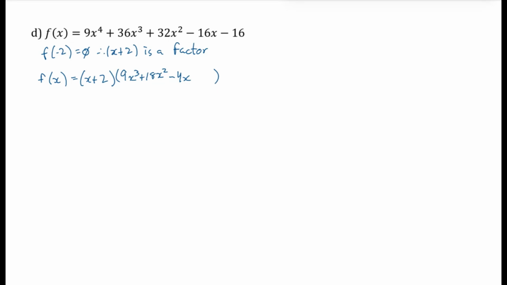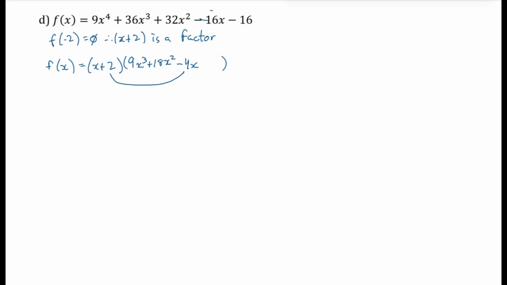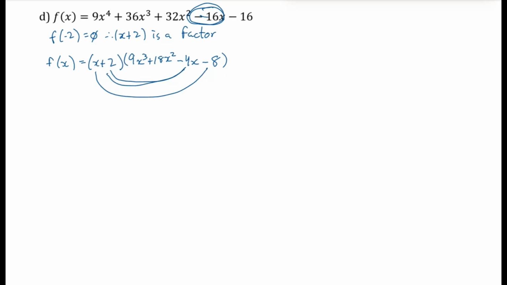And then the last one, 2 times negative 4 is negative 8x. And then I need another negative 8x to get to negative 16. So this is going to be minus 8, so that x times negative 8 gives me negative 8x, and negative 8x is negative 16.